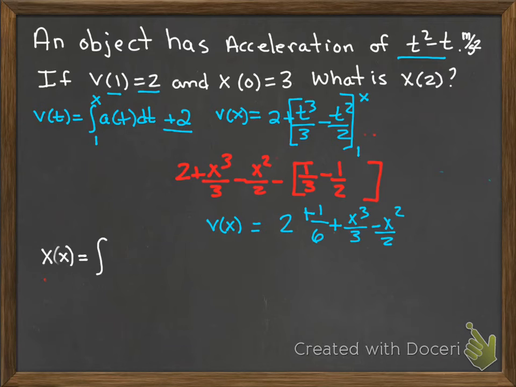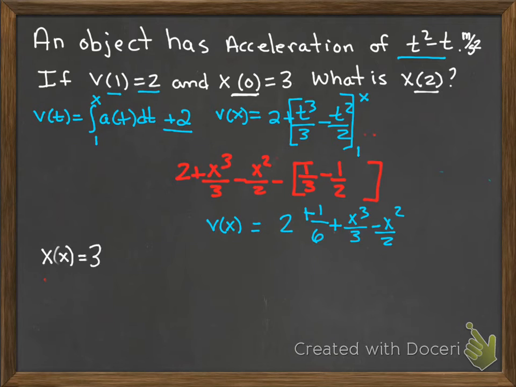And we'll go from 0 this time to the time we want of 2. Why did we start from 0 this time? Because that was our initial time that we know position at. And we're going to add 3 to all this, because that is our starting position.